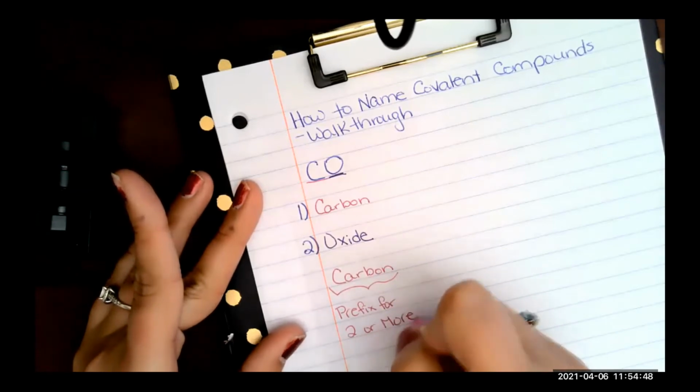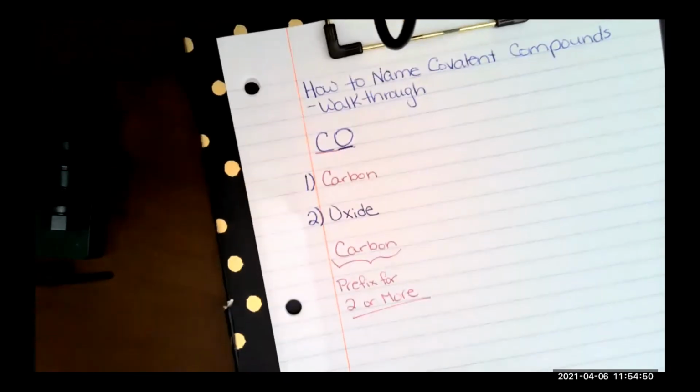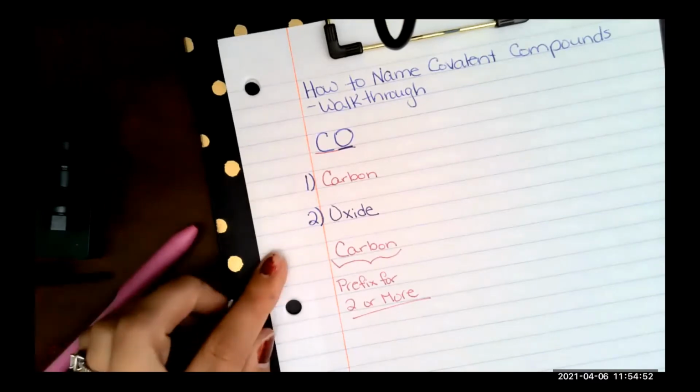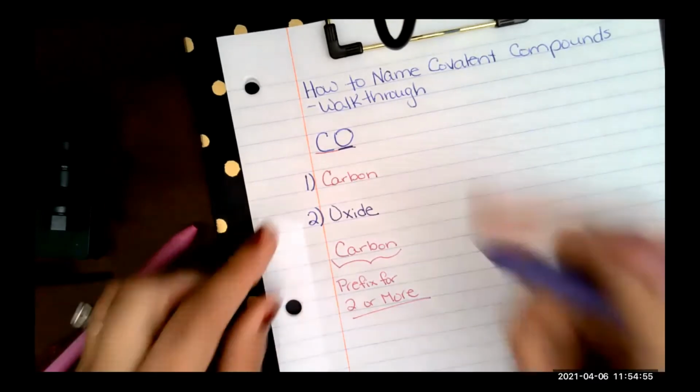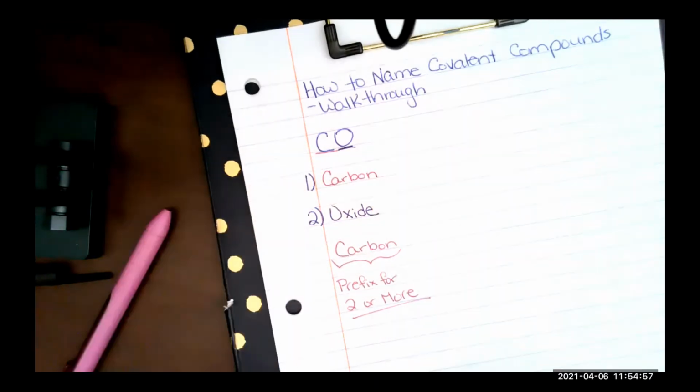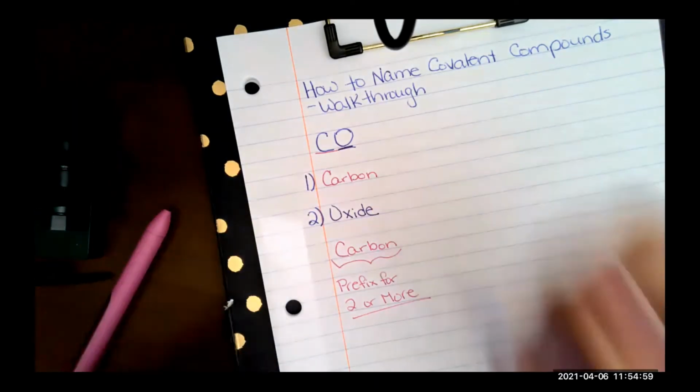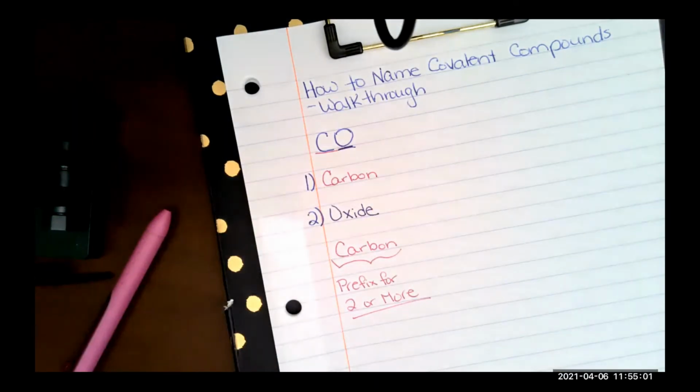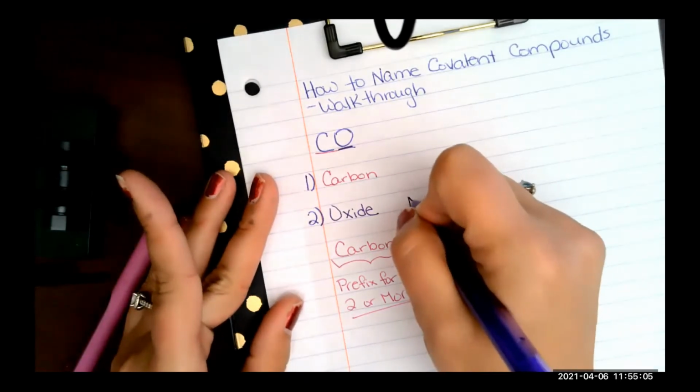The prefix is for 2 or more. And then you're going to name the second one, which is oxygen. So we have to always write a prefix for the second element. So there's 1 of them. So it's monoxide.